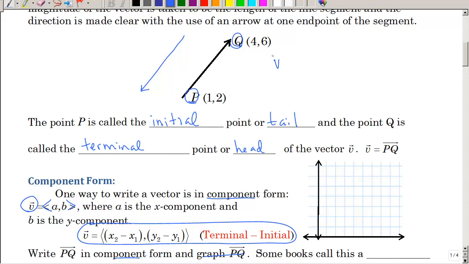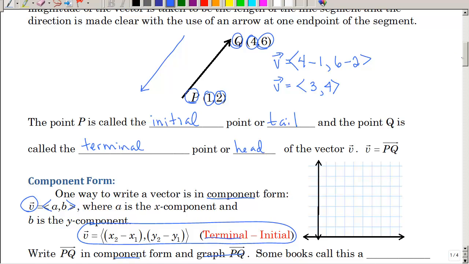So vector v is x2 minus x1, or in other words, terminal minus the initial. So I'm going to have 4 minus 1, and then 6 minus 2. And so this vector can be written in component form as <3, 4>.